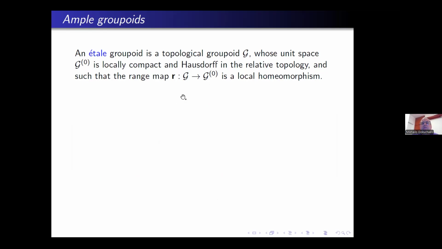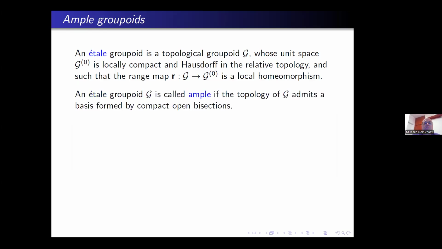Then it is a consequence that the source map is also a local homeomorphism, and they are open maps like all local homeomorphisms. A topological groupoid is a groupoid which has a topology such that the multiplication and the inversion are continuous on the appropriately considered domains in the relative topology.